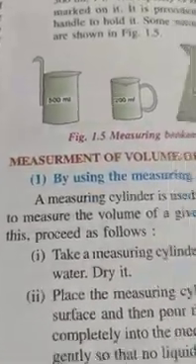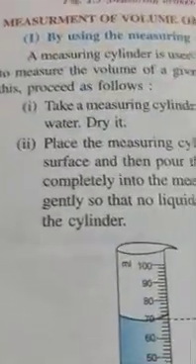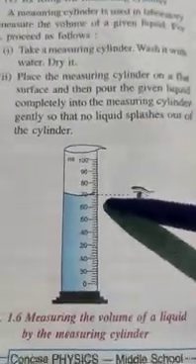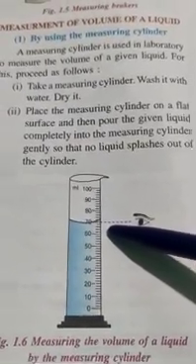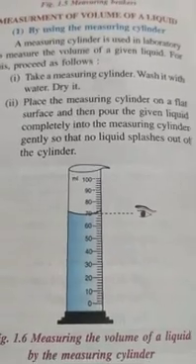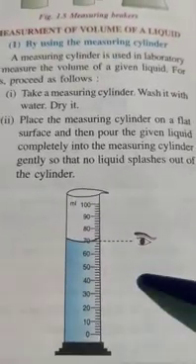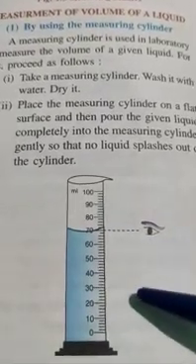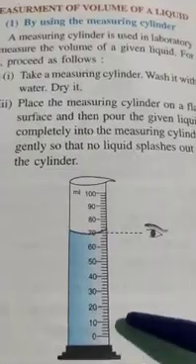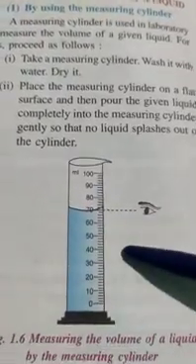Okay. Now the measurement of volume of liquid by using the measuring cylinder. How will you measure? You see here. Take a measuring cylinder, wash it with water, dry it, and then place the measuring cylinder on a flat surface. Then pour the given liquid into the measuring cylinder gently so that no liquid splashes out of the cylinder.